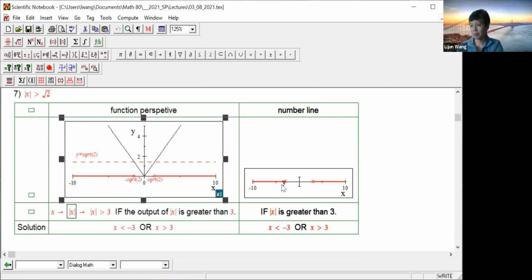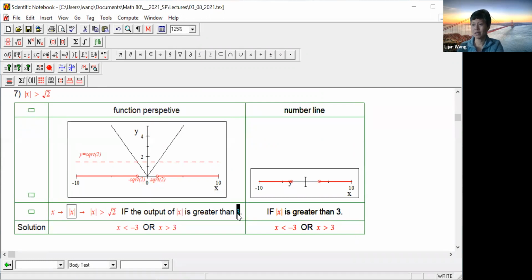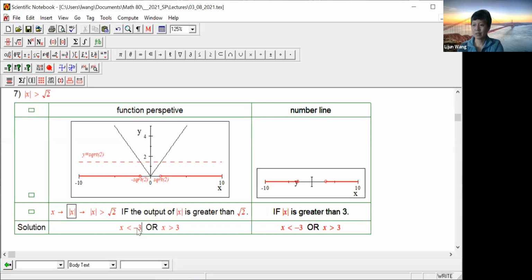These can be adjusted similarly: negative square root of 2, and positive square root of 2. All of these will be changed to square root of 2. Do you see the similarity? Same idea.